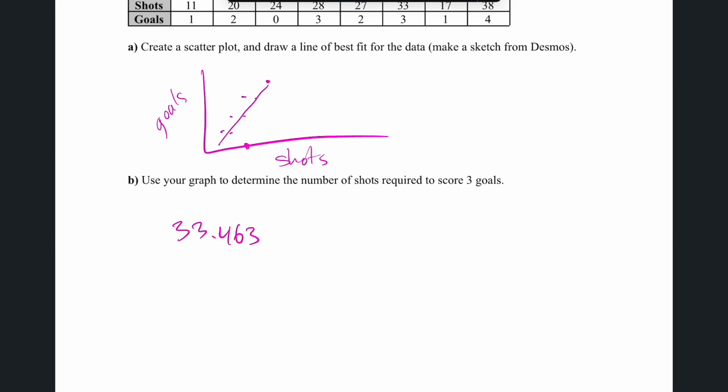So you need more than 33 shots. So even though this is a 4 here, if you use real world logic, you can't score 33.463. Oh, sorry. If you've taken 33 shots, on average you haven't scored your 3 goals yet. So you need 34 shots required.